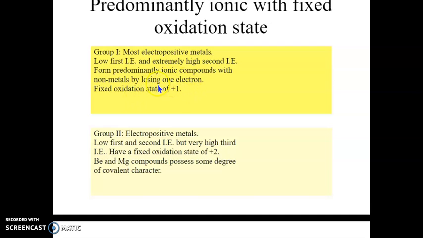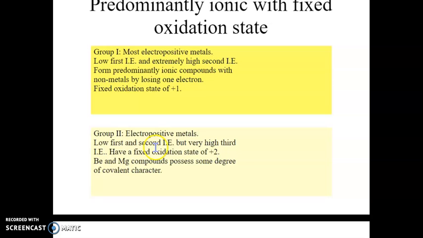They show +1 oxidation state, meaning the group first elements prefer to lose one electron to give a cation. We saw the example in the previous lecture. In ionic compounds, sodium always prefers to lose one electron.